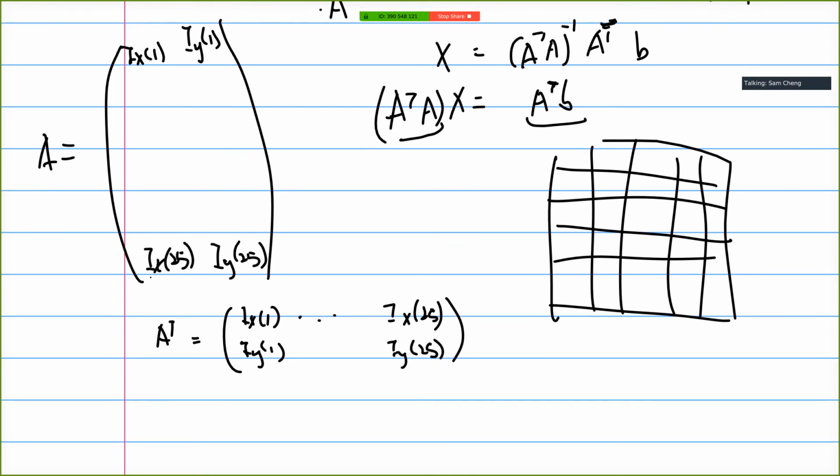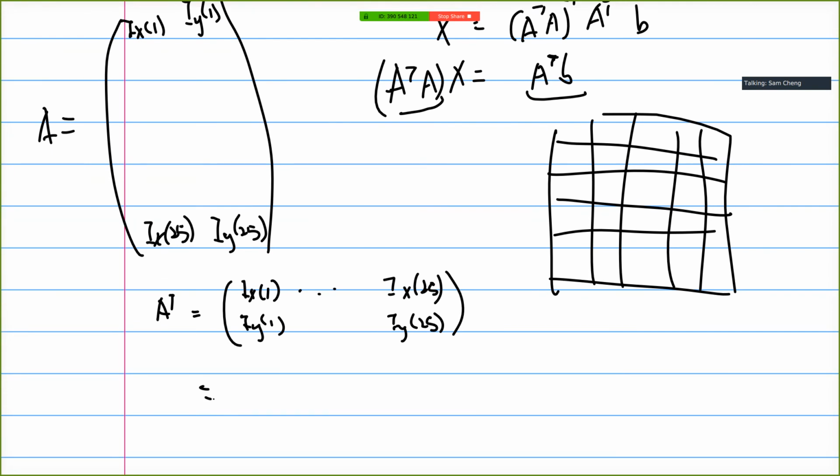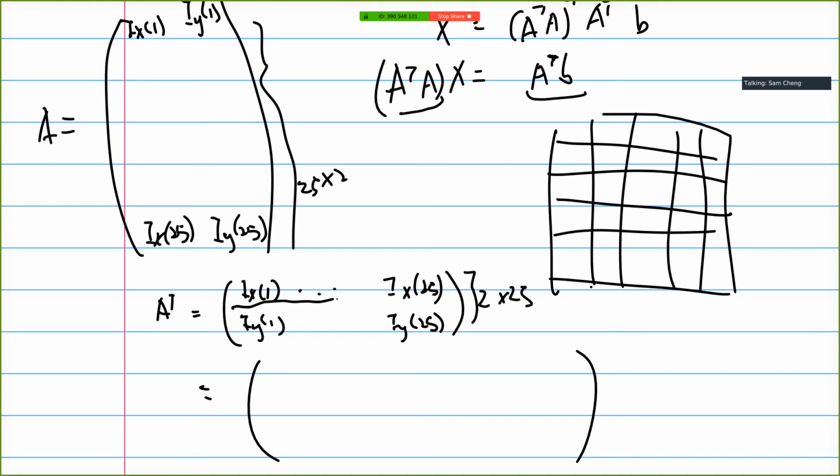So then this multiplied by that, basically this is 2 by 25 and this is 25 by 2, right? So then this element would be just this row multiplied by this column, right? So it would be Ix1 times Ix1 plus Ix2 times Ix2 and so on up to Ix25 times Ix25, right?